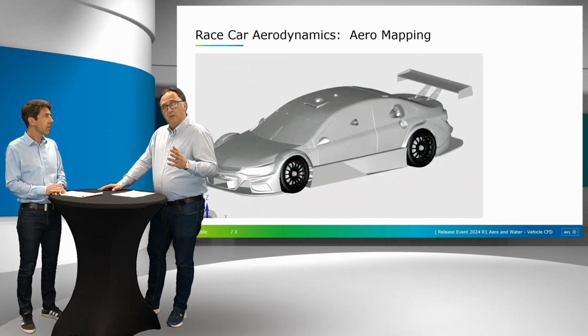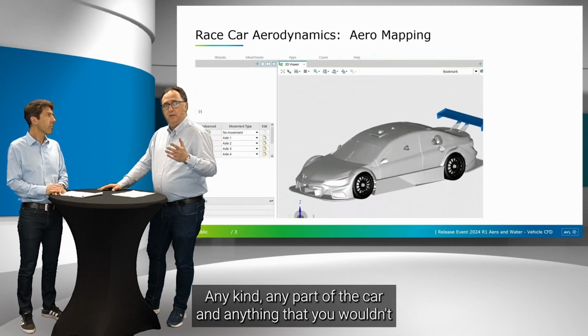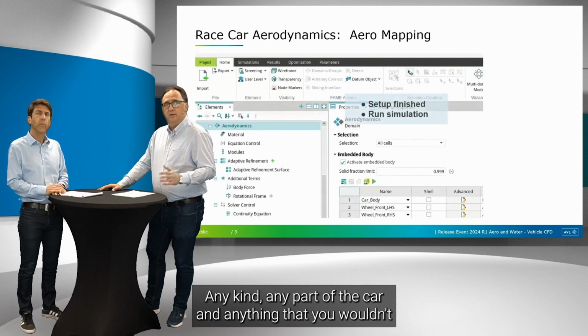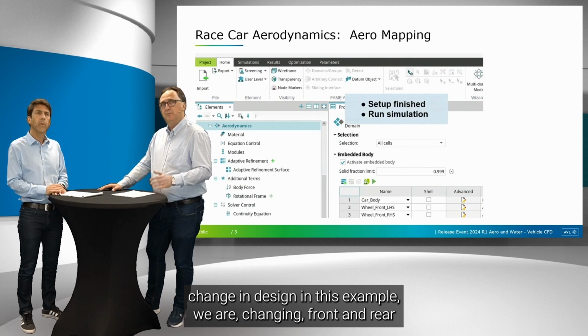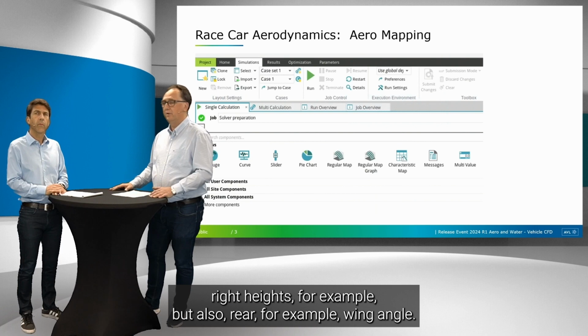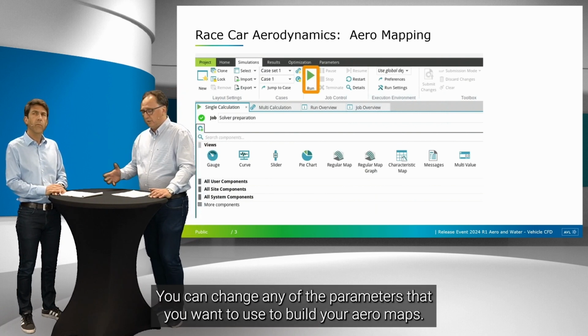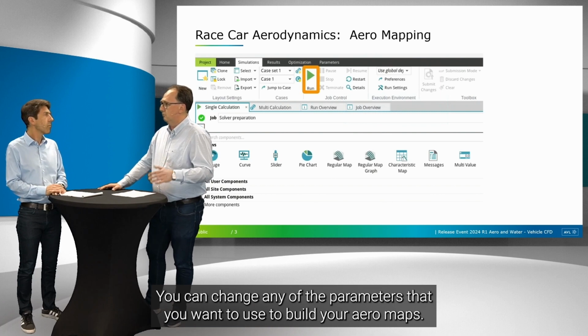So you can, of course, easily modify any part of the car, and anything that you want to change in design. In this example, we are changing front and rear ride heights, for example, but also, for example, the rear wing angle. You can change any of the parameters that you want to use to build your aero maps.